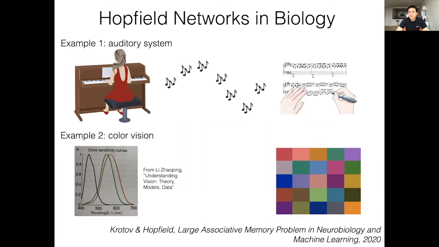So again, we have a situation where the dimensionality of the input is very small and fixed, and at the same time, the number of patterns that the system should behaviorally be able to deal with is much bigger than that. That's the reason why I think modern Hopfield networks are particularly interesting from the biological perspective as well. And here at the bottom of the slide, you can see a recent paper that we put out on arXiv where we discuss its mathematical structures and some of these biological examples.